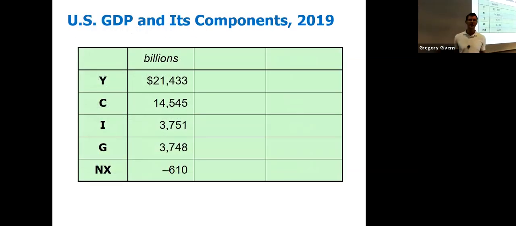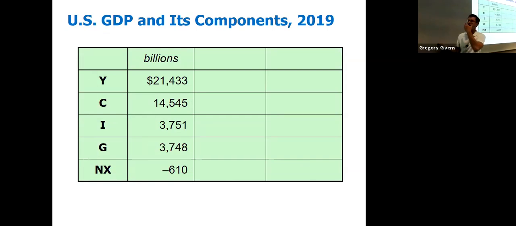Let me show you some data on these variables, these statistics here, just to give you some indication of how big they are for the US economy. Now, I'm not going to ask you guys to memorize these specific numbers. Believe me, I'm not going to do that, but I do think you should be generally familiar with how large they are. So this shows the breakdown of GDP between consumption, investment, government spending, and net exports for 2019.